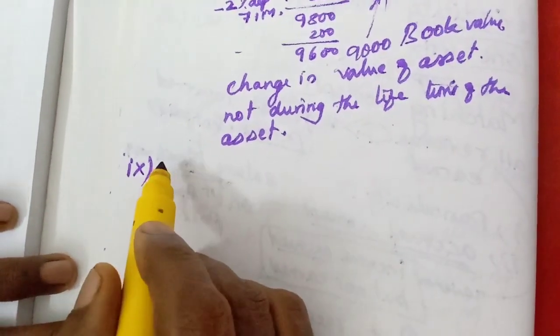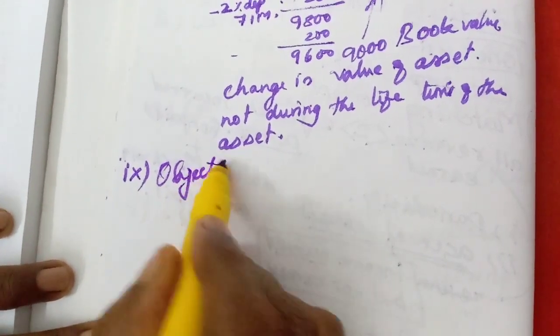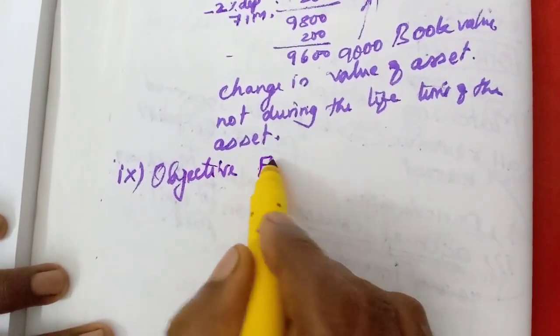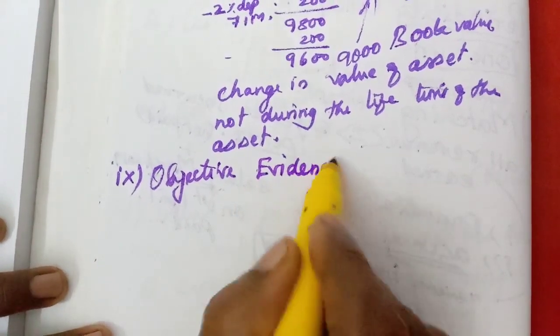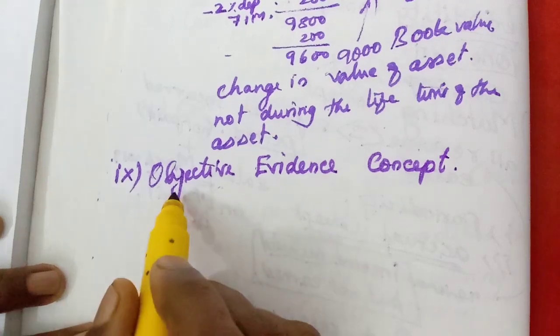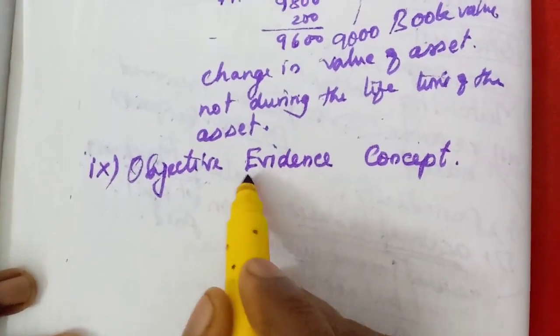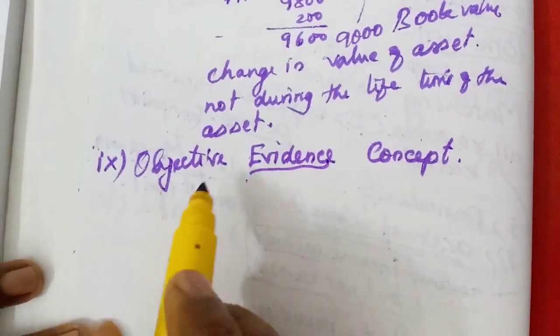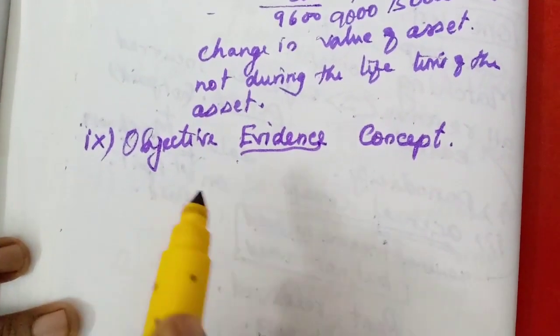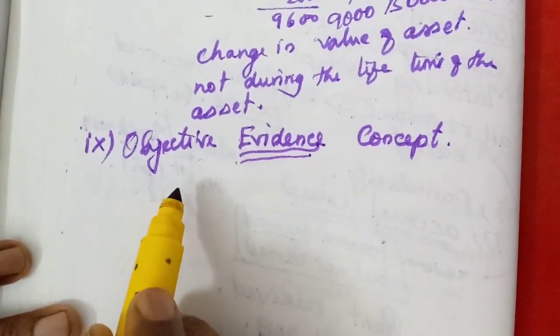Next concept, objective evidence concept. Here, what is related to this evidence? All the transactions should be supported by some evidence or proof.